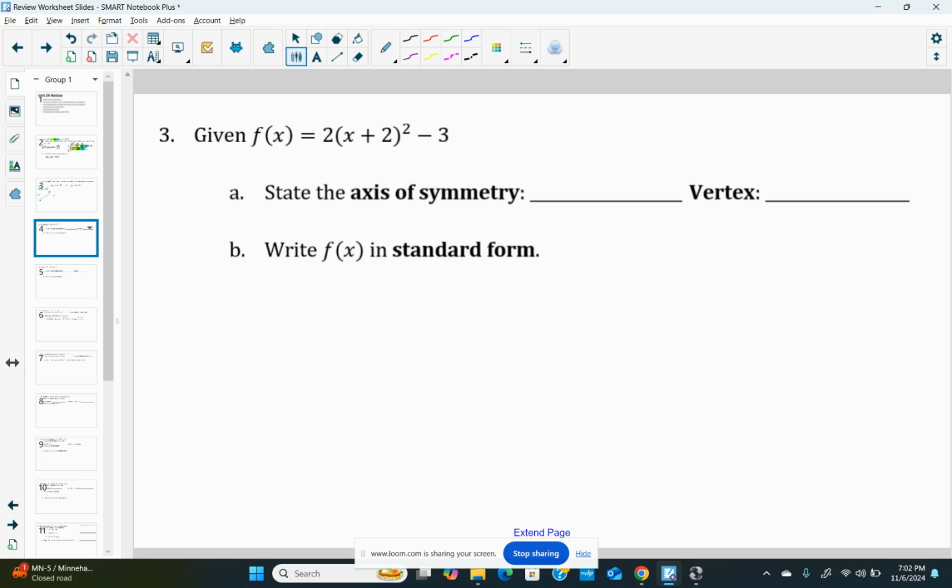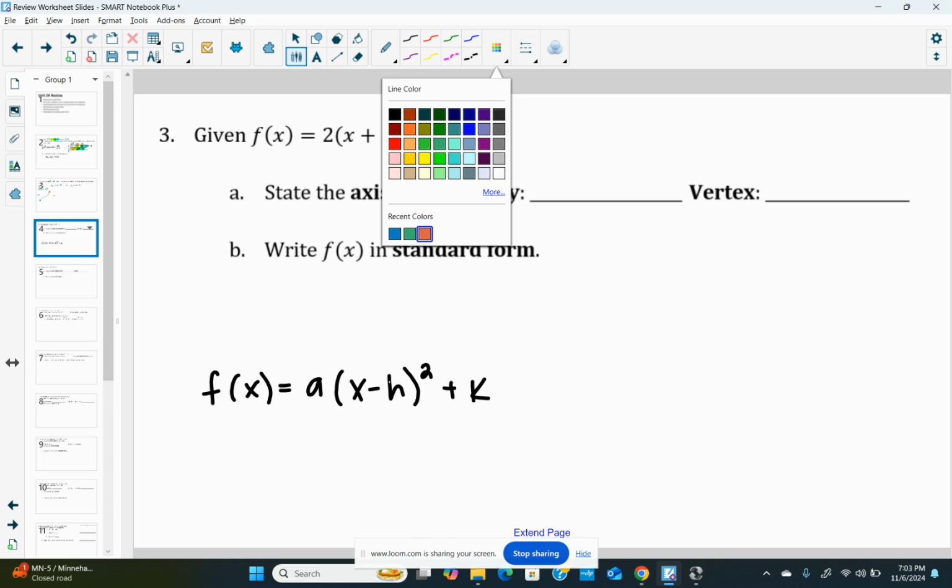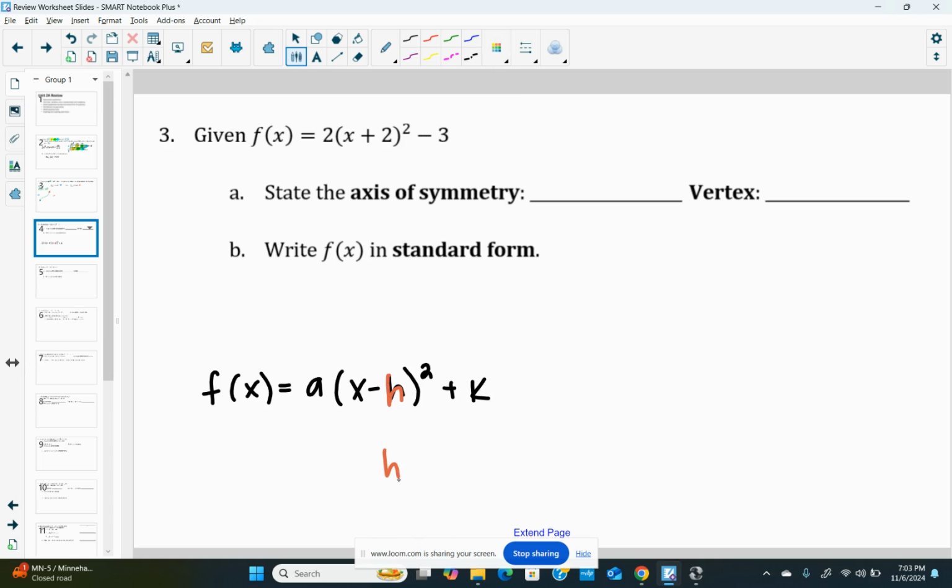Number 3, given this function, state the axis of symmetry and the vertex. So this one is written in vertex form. So remember that vertex form is a times x minus h squared plus k. Remembering that this h value here is the x coordinate of your vertex.